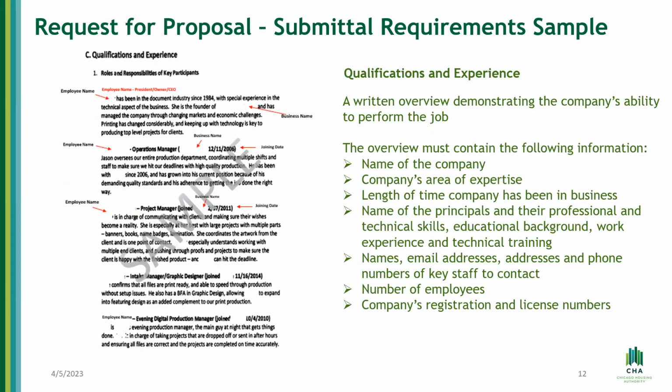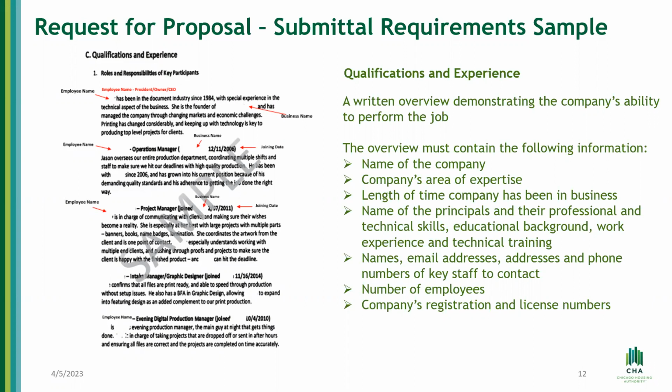Another example of the submittal requirements is the qualification and experience. Vendors have to provide evidence of the ability to perform the work that is required. Here there will be a description of the professional and technical staff, so who will be involved in this project and what their responsibilities and roles are.